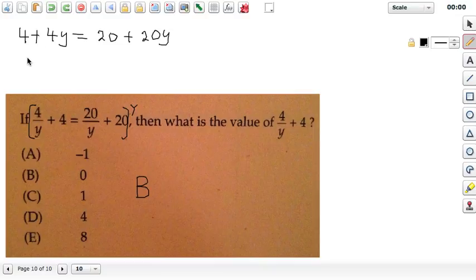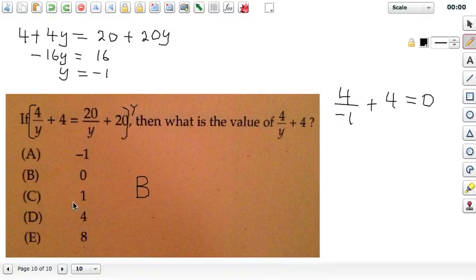So minus 20 from both sides, I get negative 16y is equal to positive 16, and y is equal to negative 1. The question is, what is 4 over negative 1 plus 4? So 4 over negative 1 plus 4 is equal to 0. And that's how we get B.